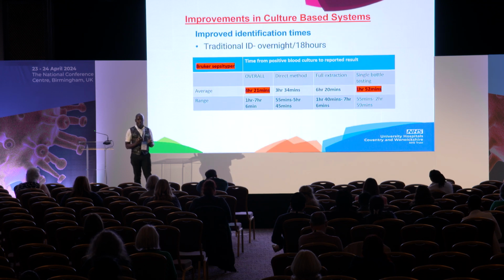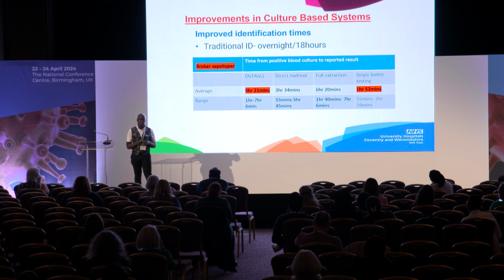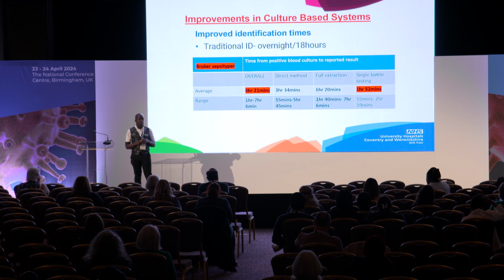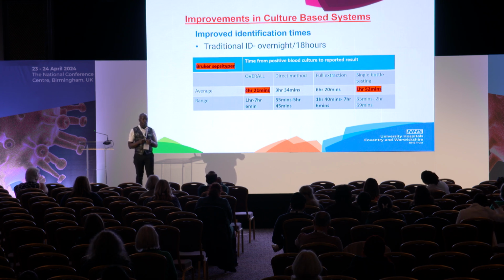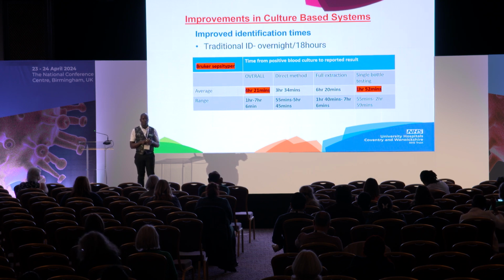But in terms of identification, you can actually cut down on the time. So at UHCW, we have what we call Sepsityper. With that system, we can take blood from a positive bottle and identify the organism quite early. So we can have an ID within 2 hours.